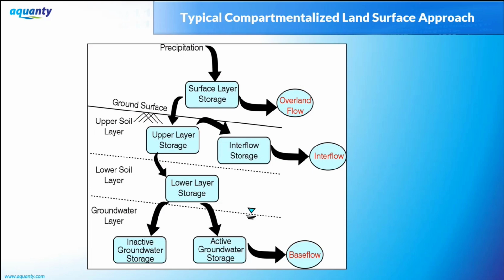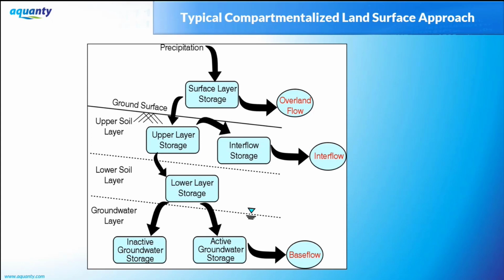Here's a typical compartmentalized land surface approach, CLM or other kinds of models, where you have all these different compartments. They're linked together and they communicate with each other, but groundwater is typically not represented in a physical way.